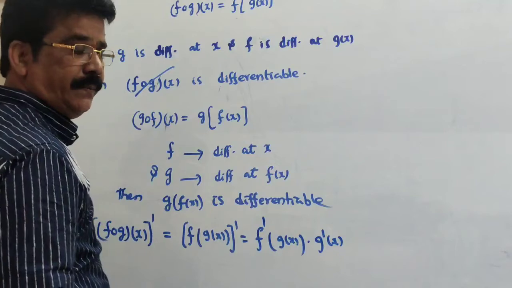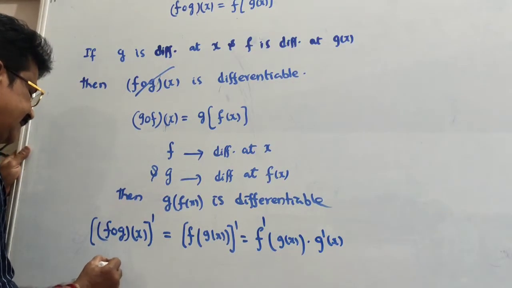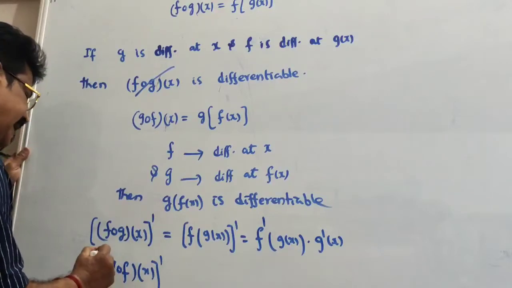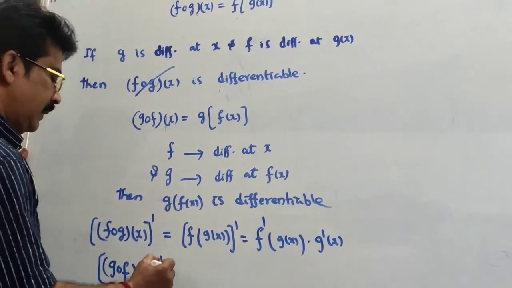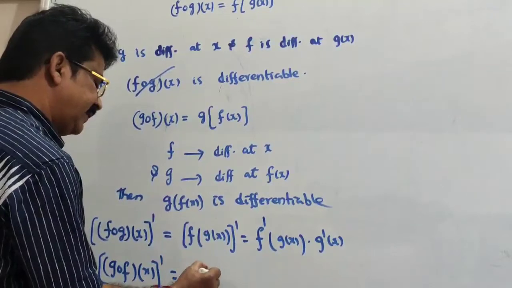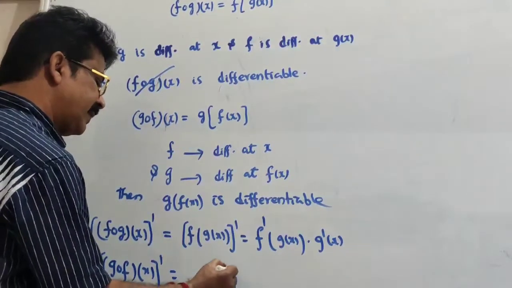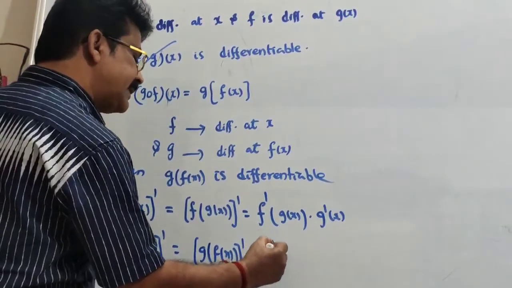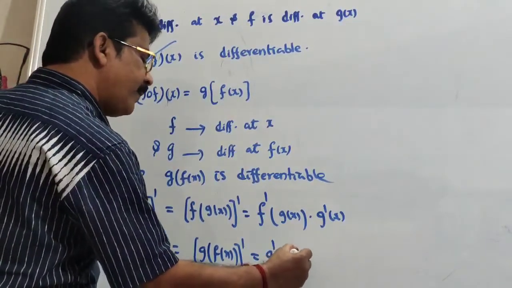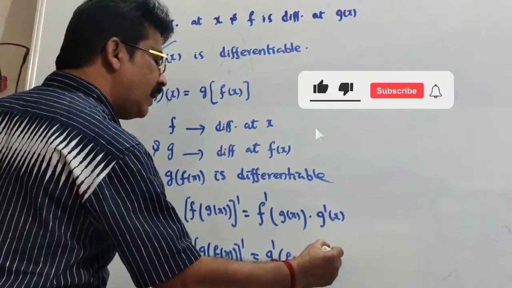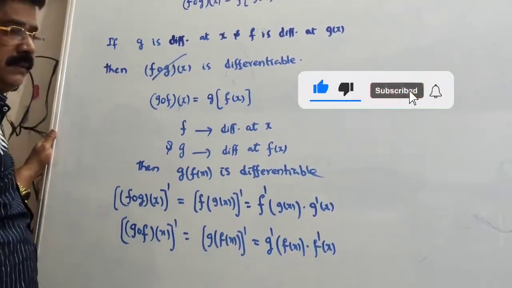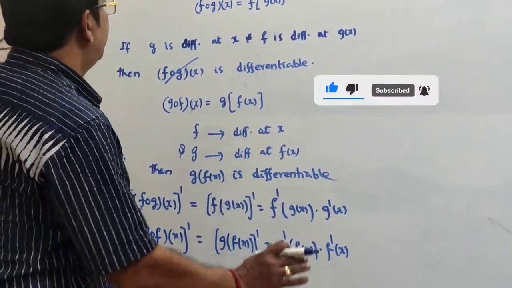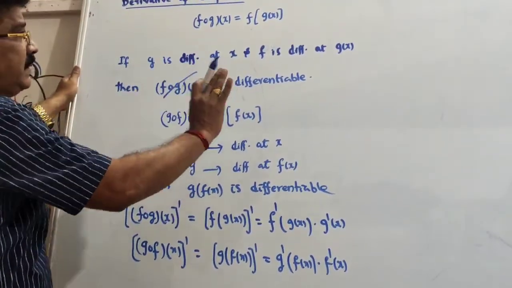It is the definition. Similarly, (g circle f of x) dash is nothing but (g of f of x) dash, which is g dash of f of x into f dash of x. Okay. This is the derivative of a composite function.